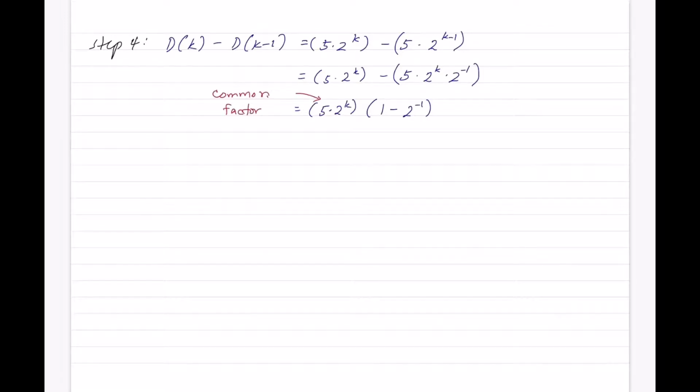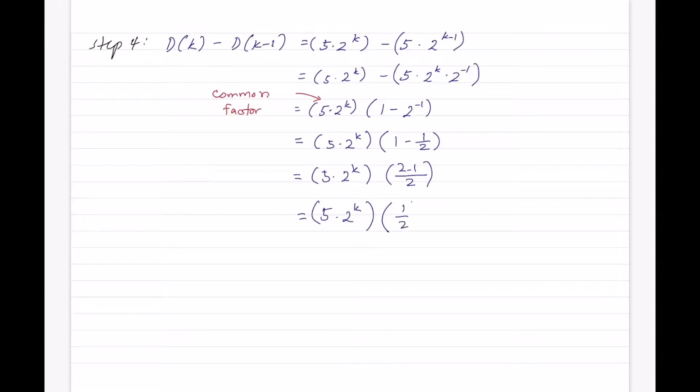5 times 2 raised to k is the common factor in the previous two terms. Proceed. 5 times 2 raised to k, that would give us 1 minus 1 half. So 5 times 2 raised to k, quantity 2 minus 1 over 2, that would give us 5 times 2 raised to k times 1 half.